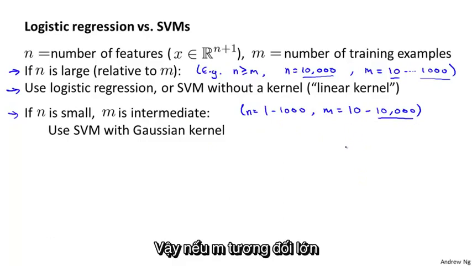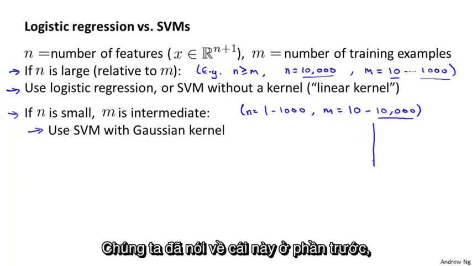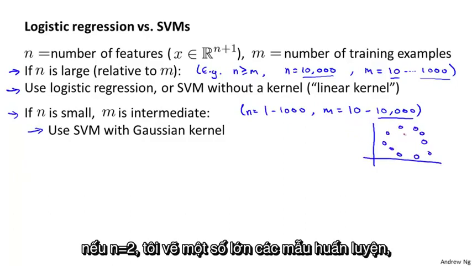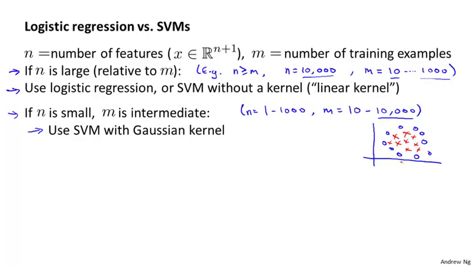So if m is intermediate size, then often an SVM with a Gaussian kernel will work well. We talked about this earlier as well, but one concrete example of this would be if you have a two-dimensional training set. So if n is equal to 2, but you have a pretty large number of training examples, a Gaussian kernel would do a pretty good job separating positive and negative classes.